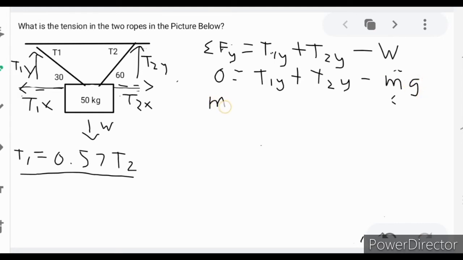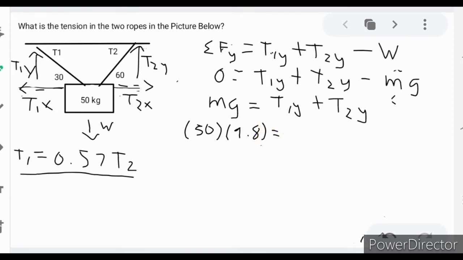Now we can isolate the equation. We have mass times gravity is equal to Ty sub 1 plus Ty sub 2. As we all know, the mass of the box is 50 kilograms, times the gravity, which is 9.8 meter per second square.